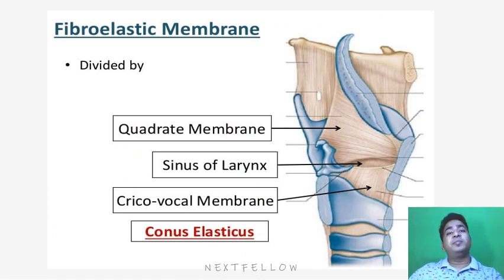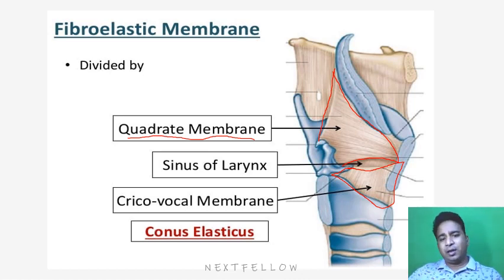Now let's talk about the membrane. We have discussed the intrinsic membrane. The first one was the quadrangular membrane, which is also known as the quadrate membrane, as its shape is quadrangular. So you can see between the epiglottis and till the level of the thyroid cartilage, this is my quadrangular membrane, and the lower one at the level of the cricoid and the vocal process is my conus elasticus, or we can say cricovocal membrane.